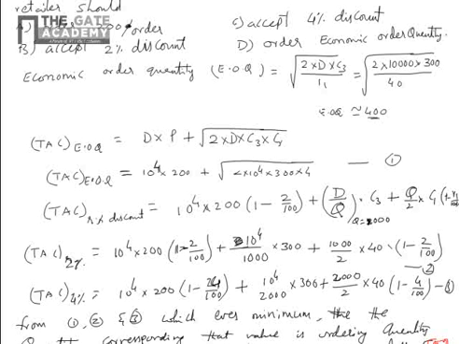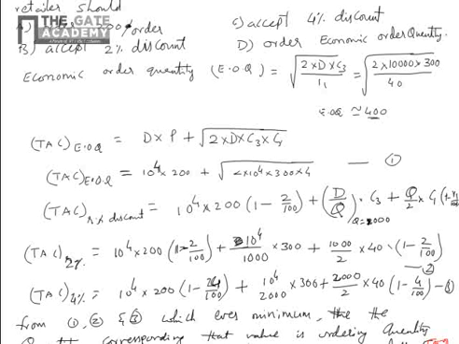If the quantity is more than or equal to 2000, then 4% discount. So for each of the two discount rates, we need to calculate total annual cost. The total annual cost is nothing but fixed cost plus variable cost. Fixed cost is the annual purchasing of an item, demand into price of the item, plus variable cost, which is the combination of ordering cost and inventory carrying or holding cost.